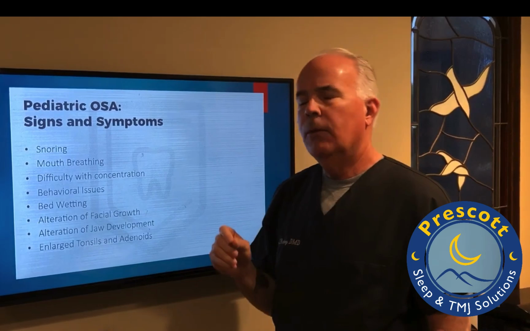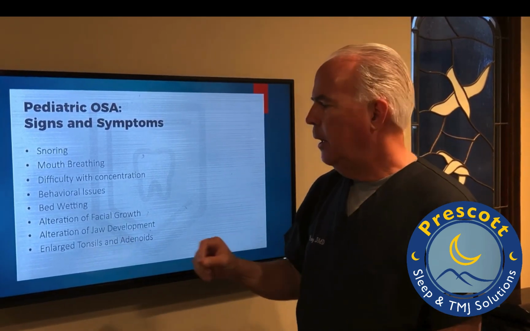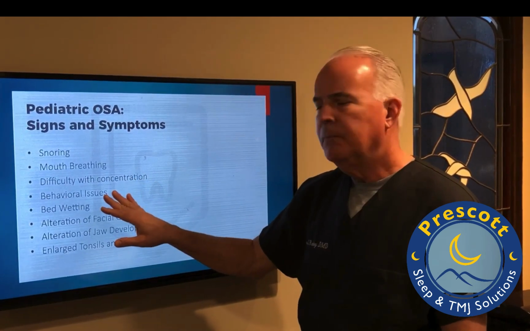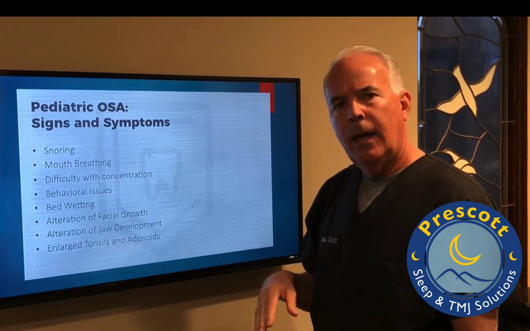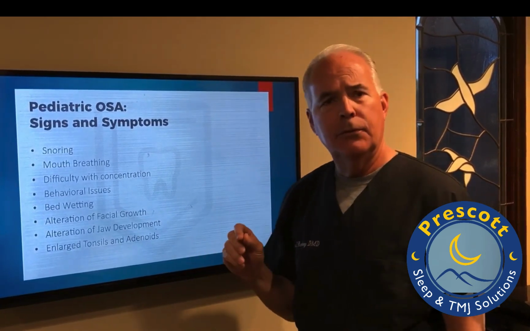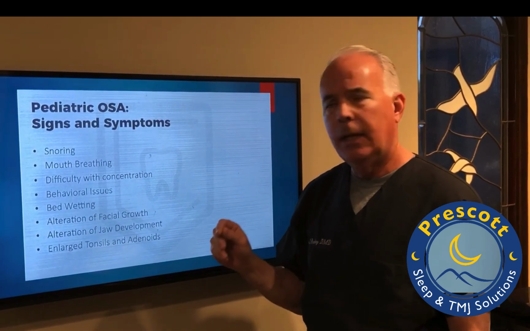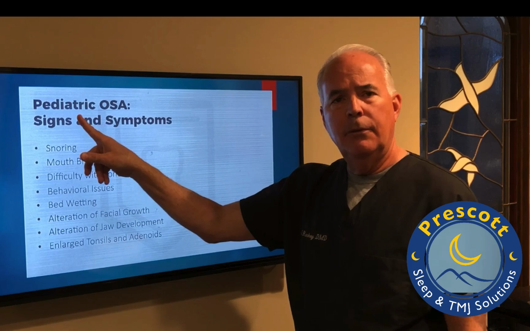One component that parents need to know is that we're seeing more and more concentration issues, ADD, and behavioral issues in kids today. I hear reports almost daily regarding that from parents and their kids. One area that is seemingly ignored but tends to be very important, and I've seen some pretty dramatic turnarounds, is to look for obstructive sleep apnea in kids.